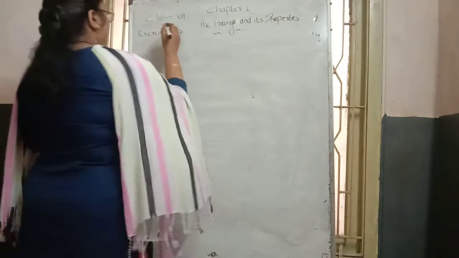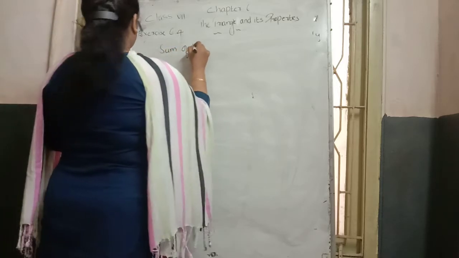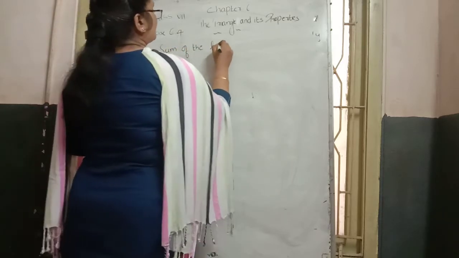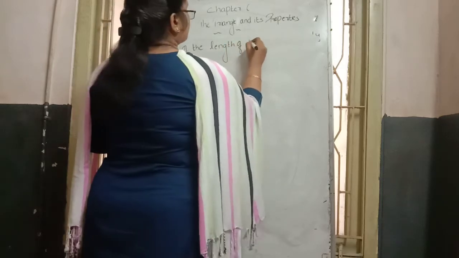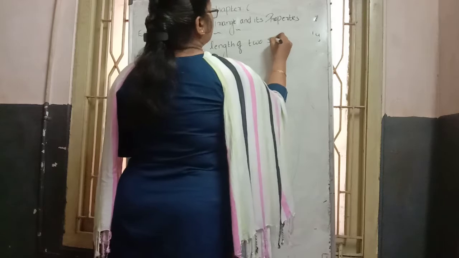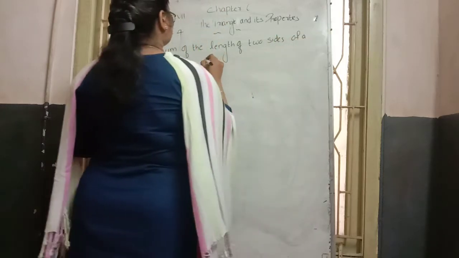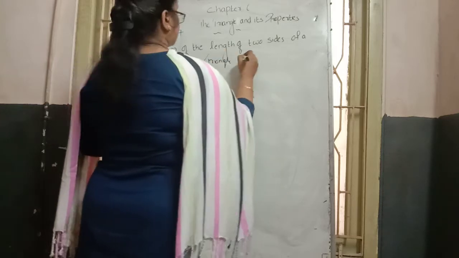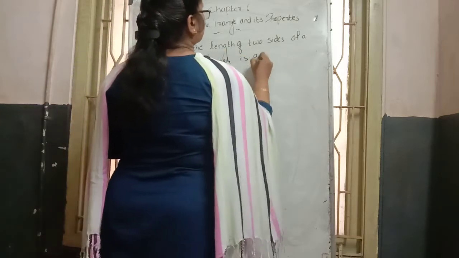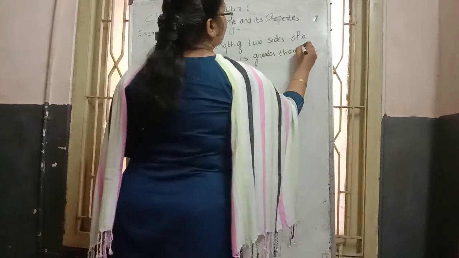The sum of the lengths of any two sides of a triangle is greater than the third side.